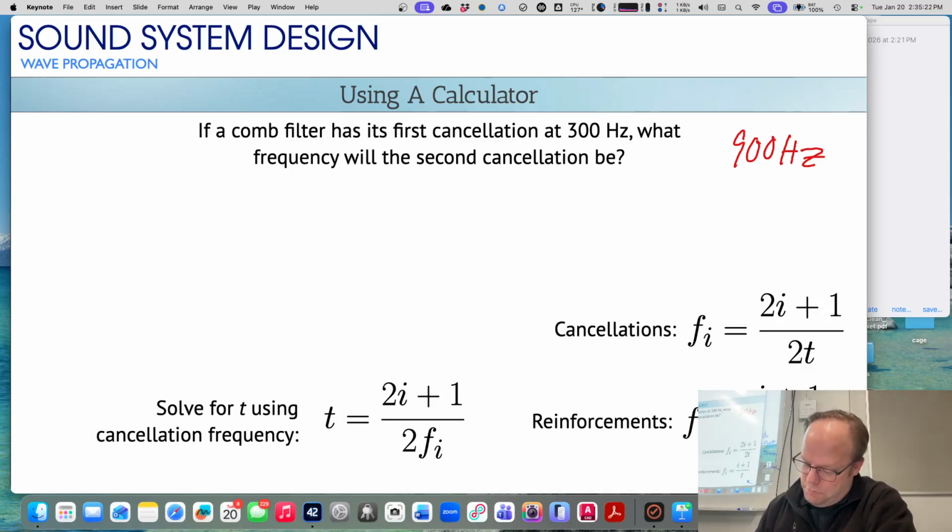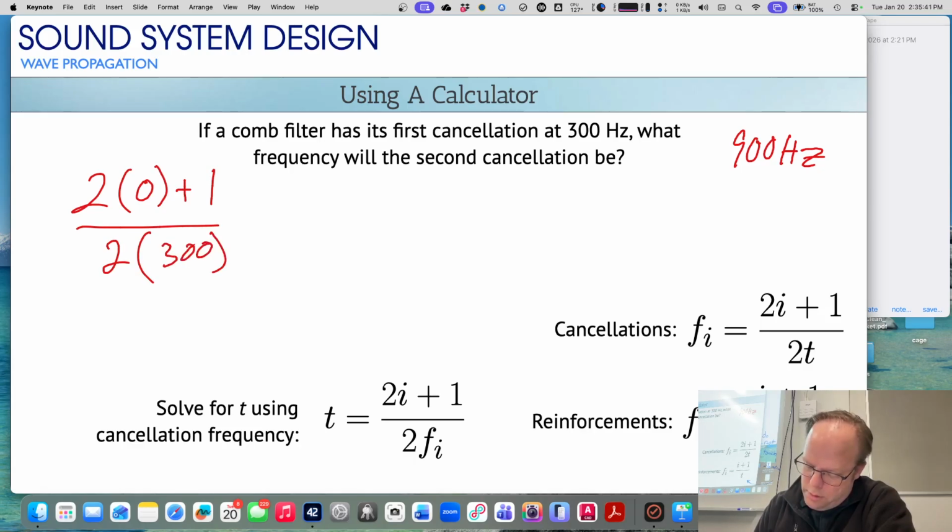So let's first find t. t is going to equal (2 times i plus 1) divided by (2 times frequency). So 2 times i, where i is 0, plus 1, divided by 2 times 300, which is 600. So this is basically going to be 1 divided by 600.